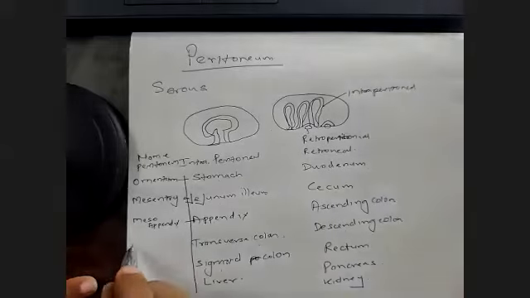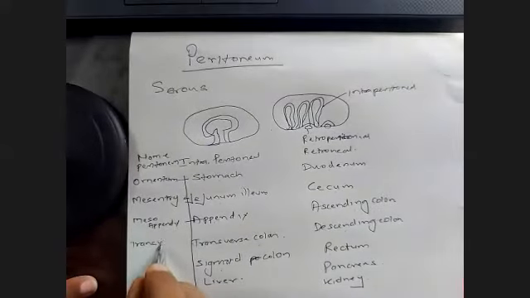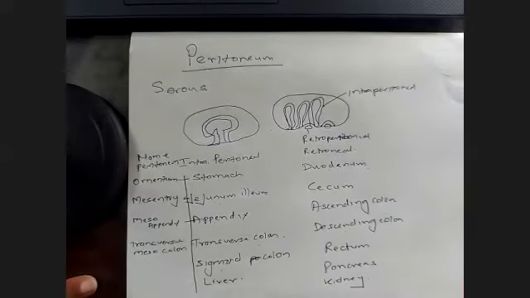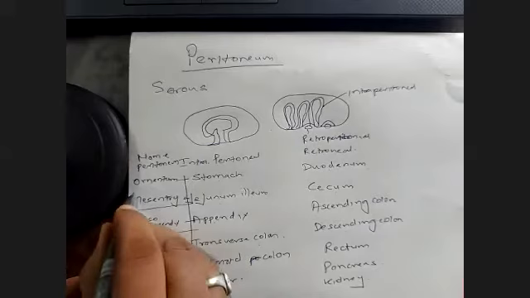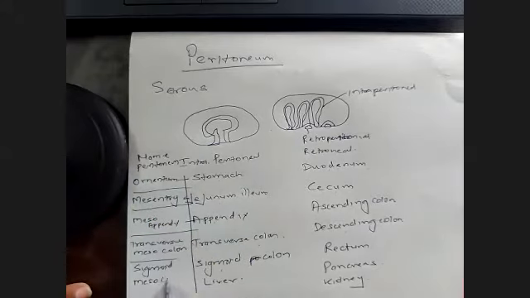Covering transverse colon is transverse mesocolon. Then the mesentery covering sigmoid is sigmoid mesocolon. Okay. Of course, liver, there is no specific name, but then there are multiple ligaments of the peritoneum attached to the liver.